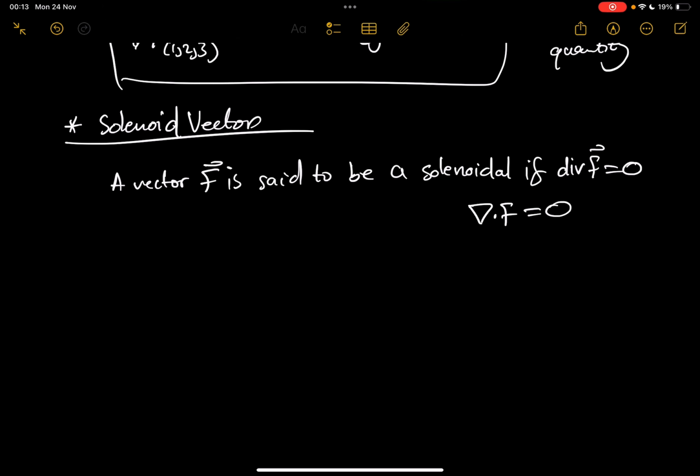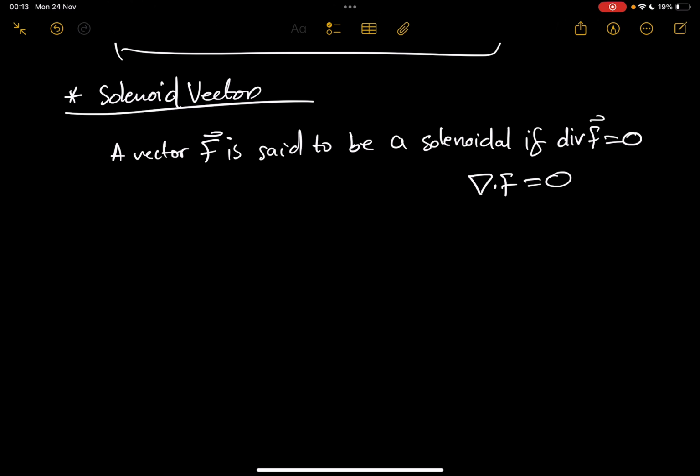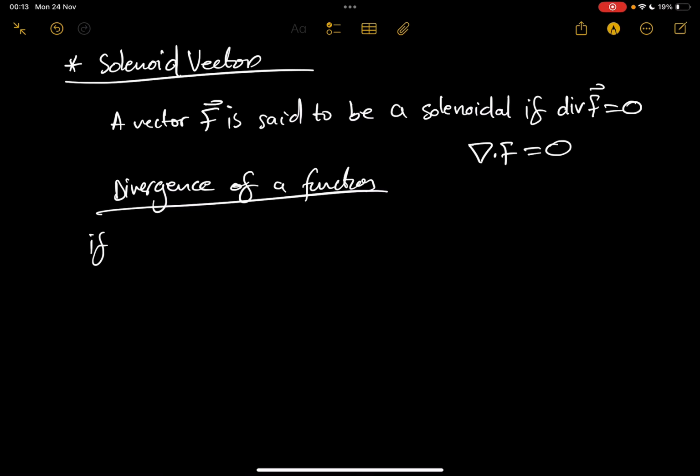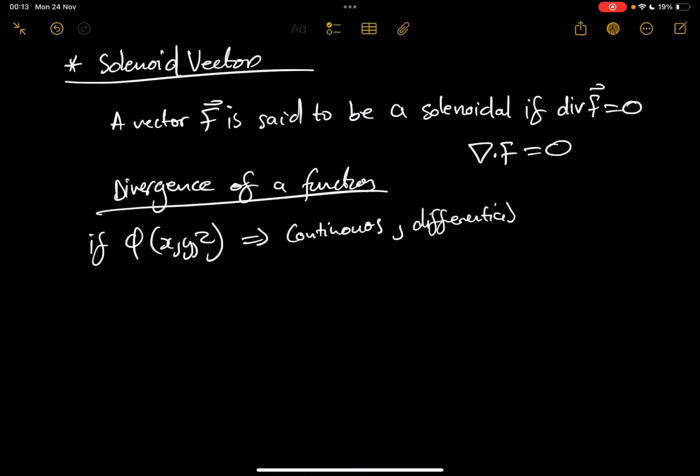Okay, let me just explain the divergence of a function before I move on to question B. So basically, if again you have your function of x, y, z, it's continuous and differentiable in a given region.